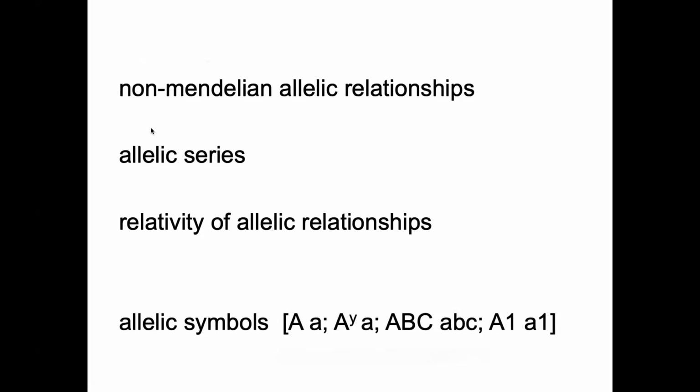And when you do have these non-Mendelian allelic relationships, when you produce segregating populations, and the examples I've used here, F2 populations, you're going to observe non-Mendelian phenotypic segregation ratios. So the 1 to 2 to 1 suggests that you're dealing with codominant or incomplete or partially dominant alleles.